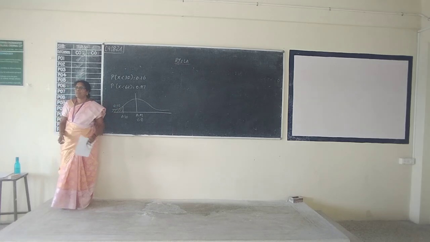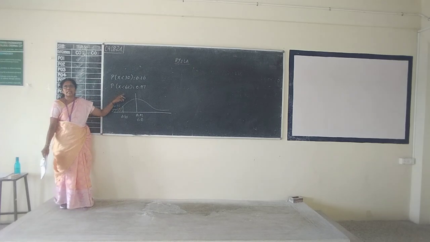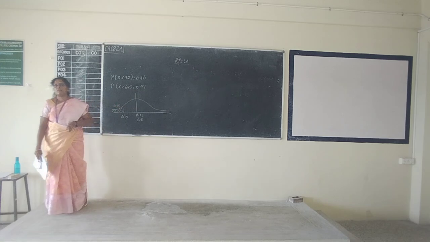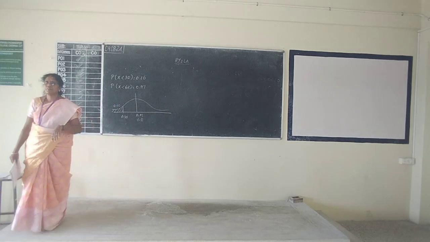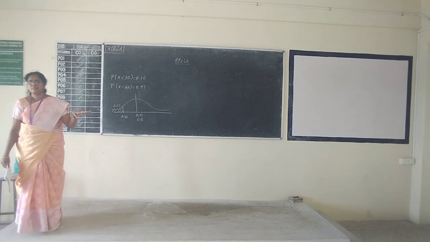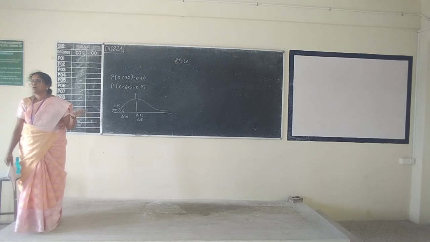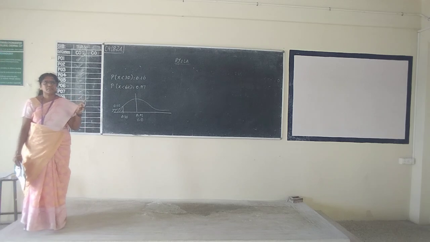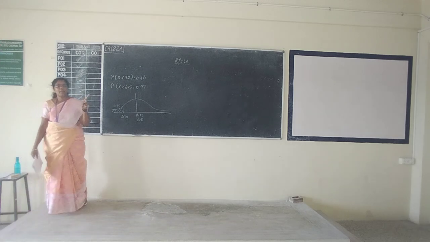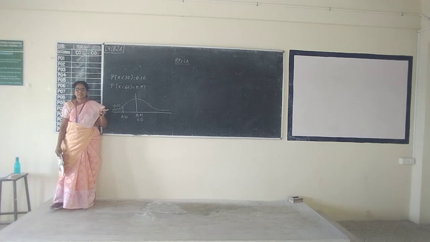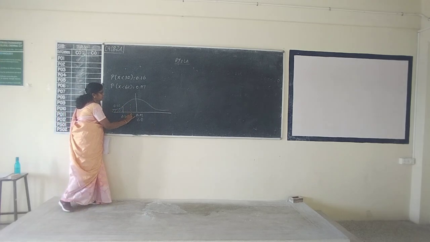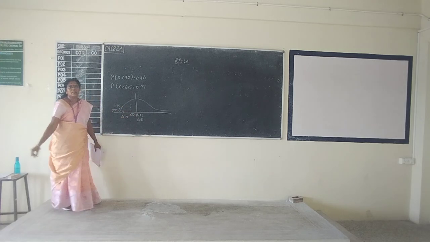What is the next one given? X less than 62 is going to be 0.97. So where will you mark 62, left or right? Only one thing should be correct. Why right? Because the overall area value is 97%. Same concept.